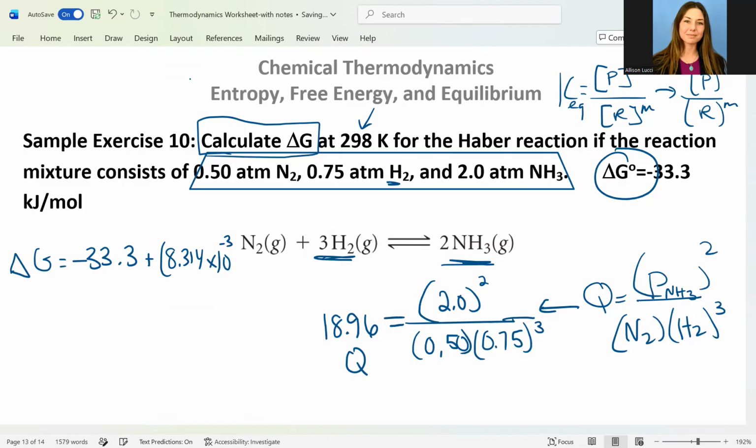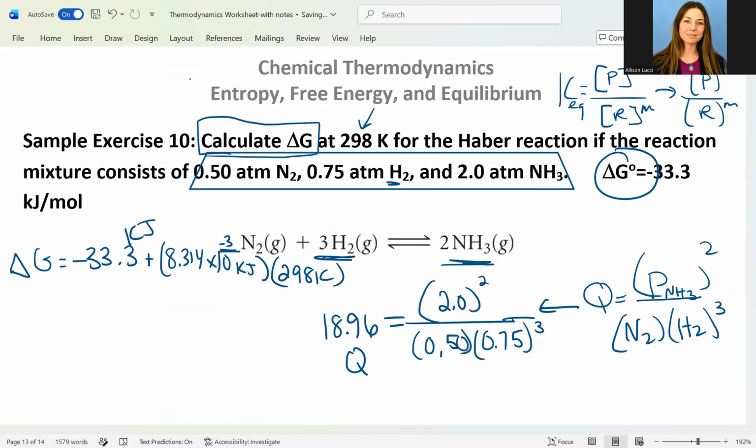I'm going to put that there because our unit is given in joules, but I want to combine that with kilojoules here. So I'm just going to divide by 1,000 or multiply by 10 to the negative 3. And then I have to plug in my temperature. That's why temperature is always given, 298 K. And we'll multiply these values together.